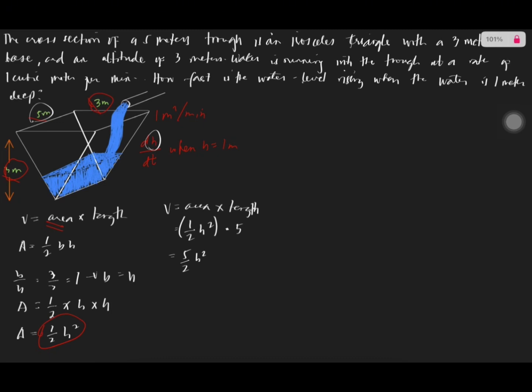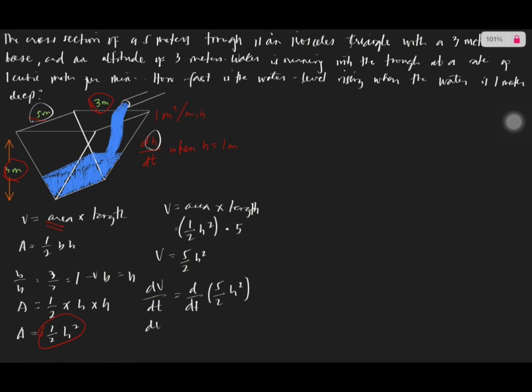Now that we have our volume, we have to get the derivative of volume with respect to time by differentiating our volume. So dV/dt equals d/dt of 5 over 2 times h squared.